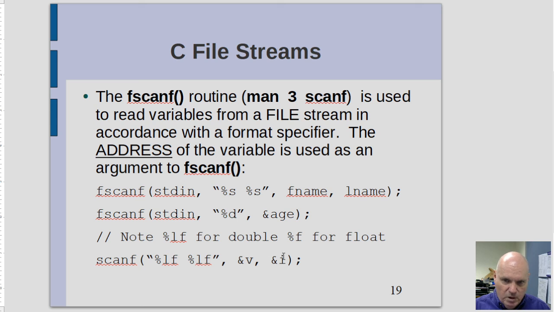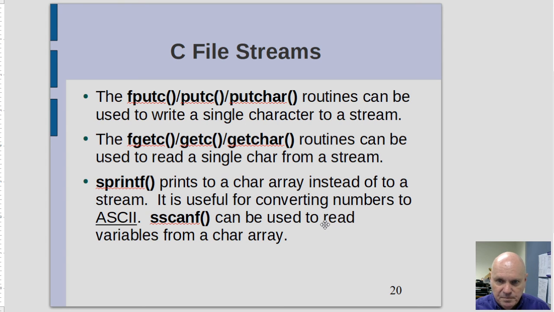Similarly, if we're reading in double values, make sure you use %lf to indicate that the corresponding variables here are doubles. The ampersand would pass as the argument here the address of these two doubles, and use %f for floats instead of doubles.